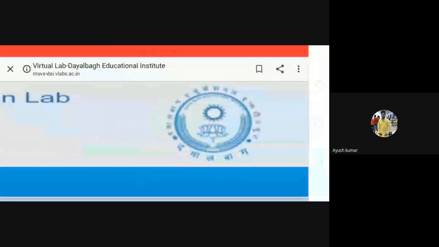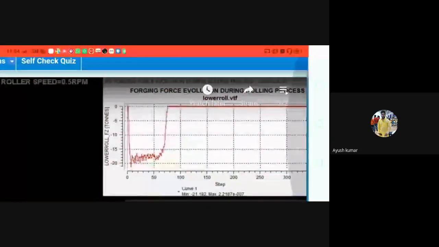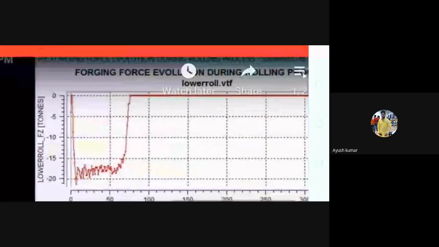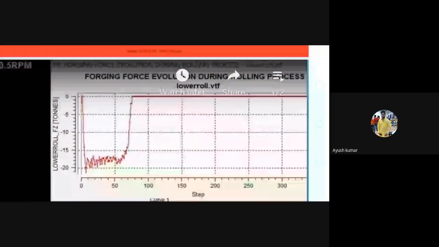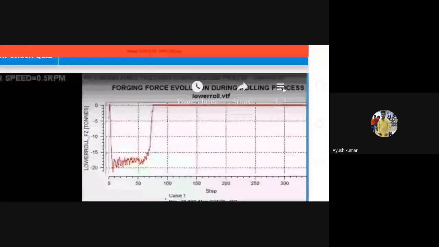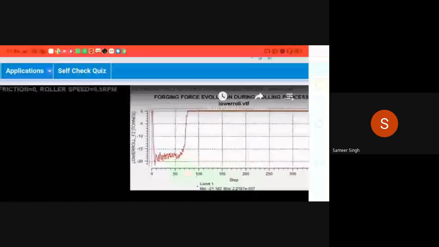Now by enlarging this video to full page, just turn your smartphone like this. So you will get this curve after analyzing.